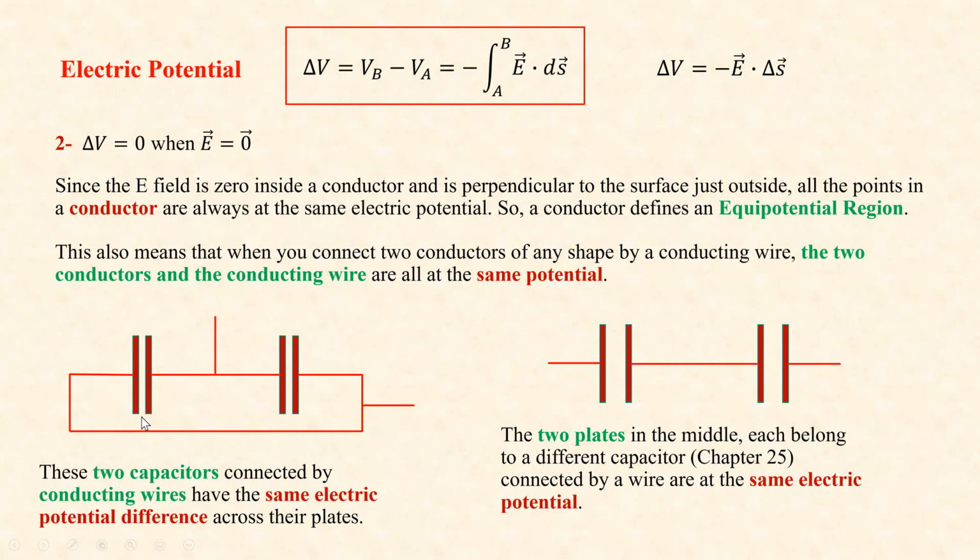So this plate is also at the same potential as this one, all right? And then the potential across these two, from here to here, is the same as from here to here, right? So we say that these two capacitors have the same potential difference across them, and we call them parallel capacitors. We're going to talk about that next chapter.